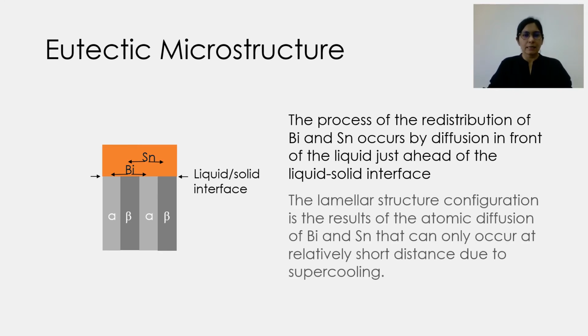The lamellar structure is the result of the atomic diffusion of bismuth and tin, which can only occur over relatively short distances due to supercooling. This is why it looks like the layered cake: at supercooling, at this temperature, these atoms can only move a very short distance.